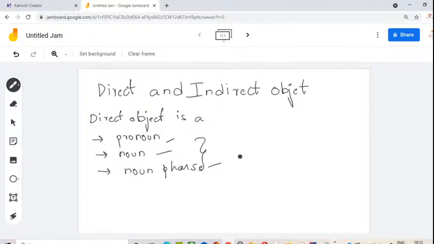So these pronouns, nouns, or noun phrases that receive the action of the verb are nothing but a direct object.